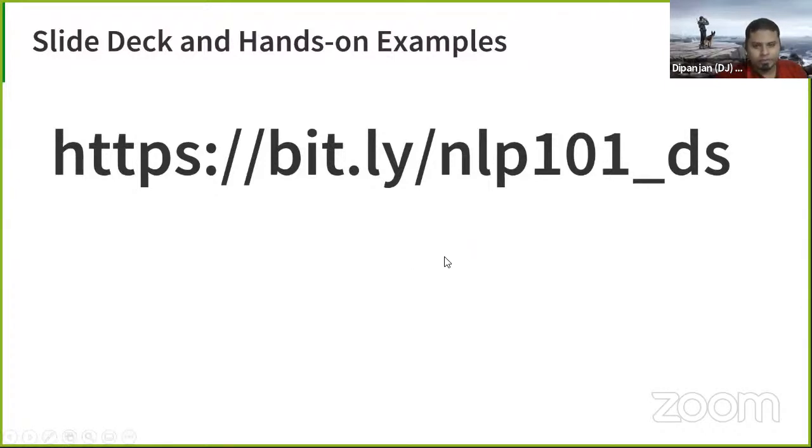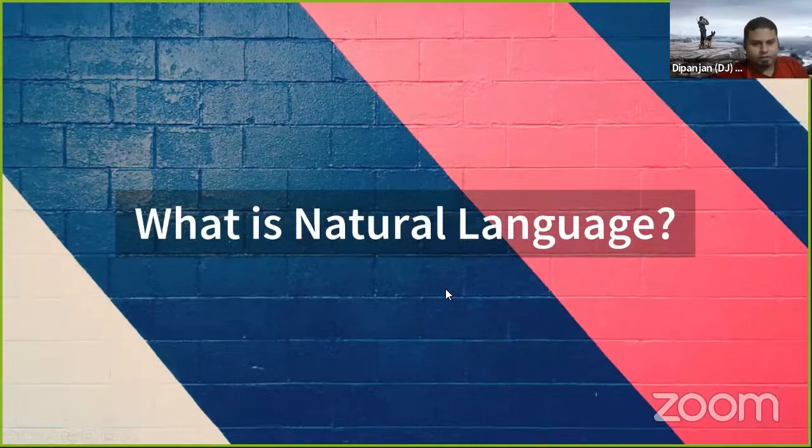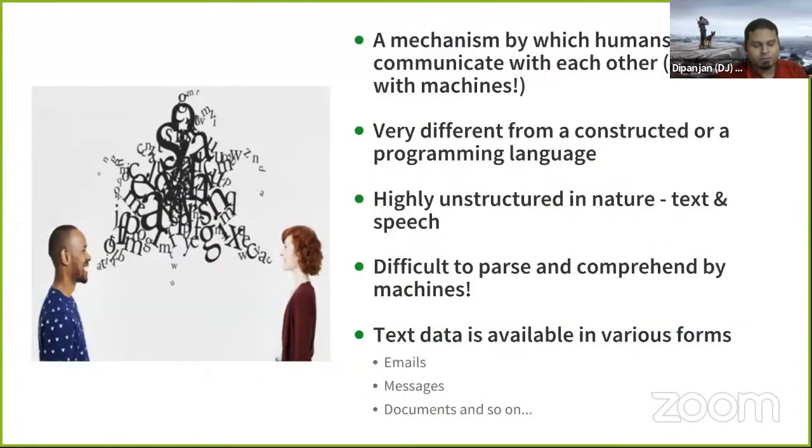Okay, so moving on. What is natural language? Before we get into NLP, we need to understand what natural language is about. Natural language is a mechanism in which humans communicate with each other, and now with machines, because that is where NLP comes into perspective. It's very different from a constructed or programming language. As you know, you have fixed functions, fixed methods, fixed constructs when you use any programming language, be it Python, Java, R, and so on.